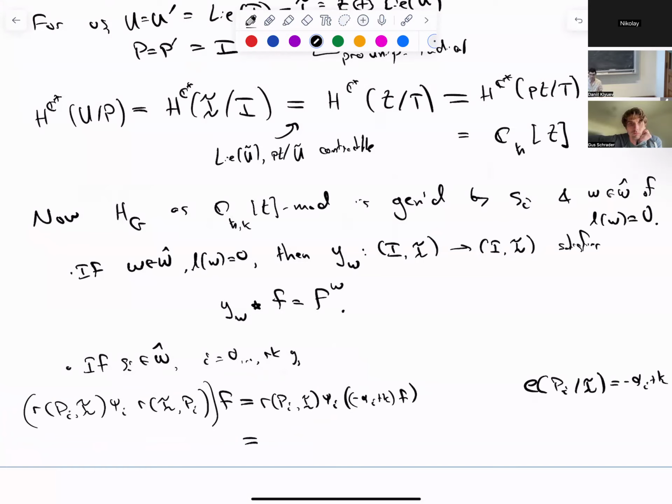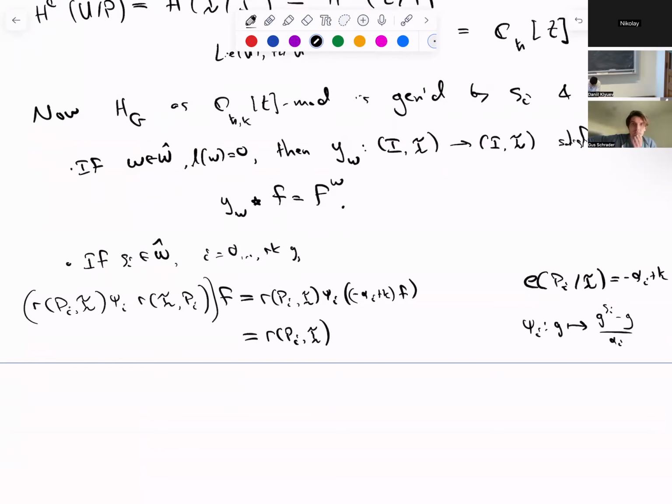Okay, now the psi_i acts by Demazure. So recall this means F, or I'll use a different letter, G goes to (G s_i minus G) over alpha_i. So we can write this as R, P_i comma I, and then we just apply this to that polynomial, and we get alpha_i s_i. Okay, and finally, we have to act by the Euler class.